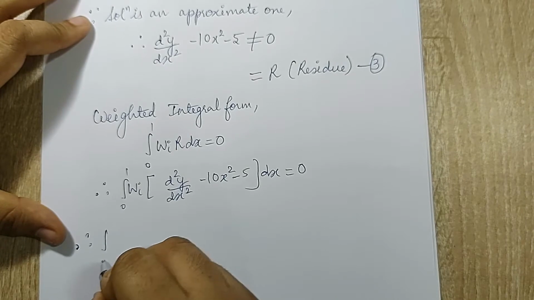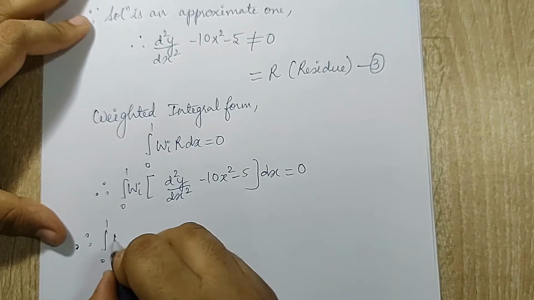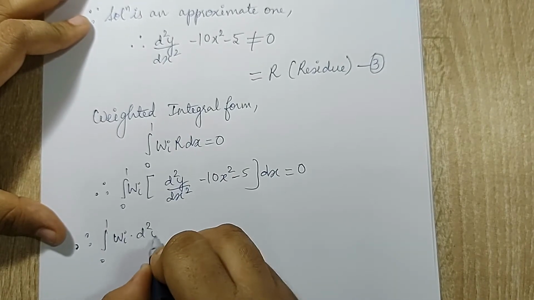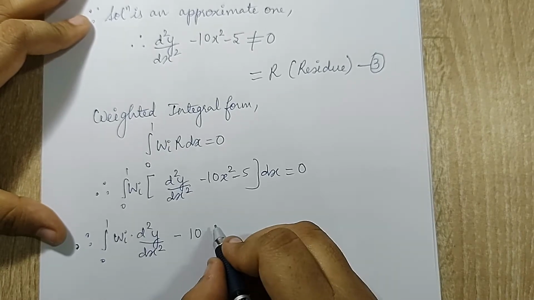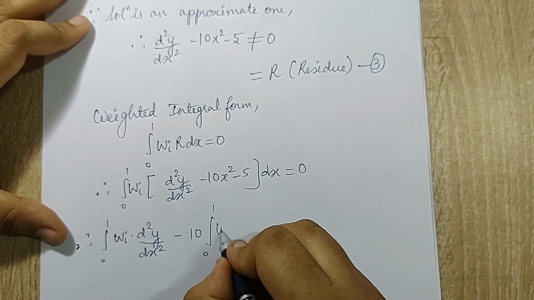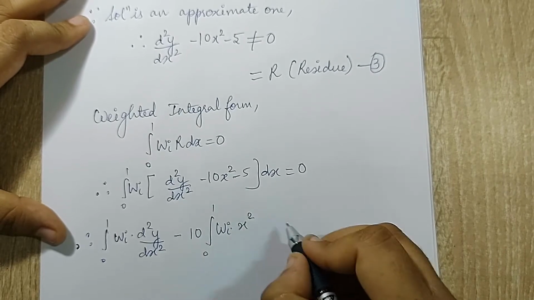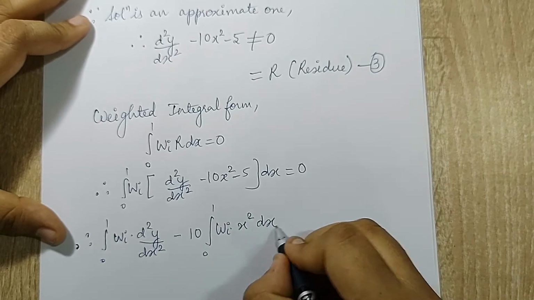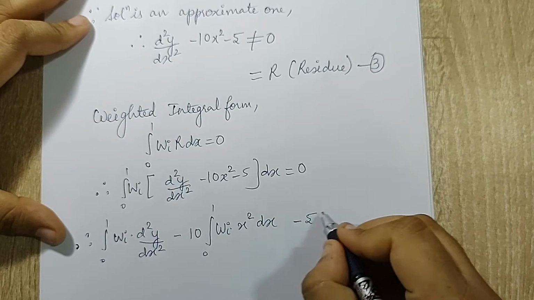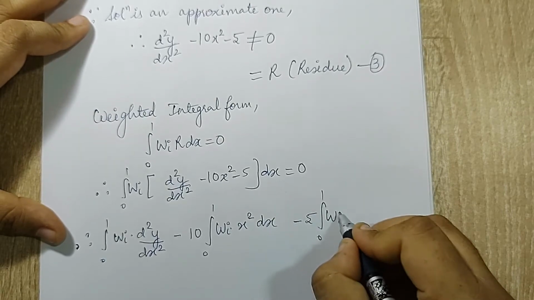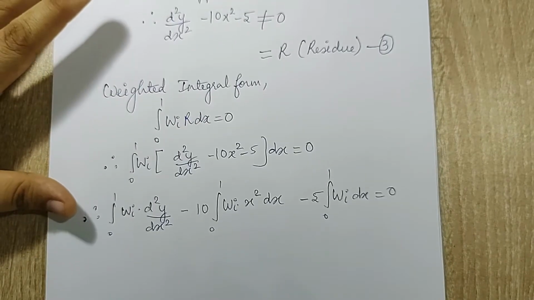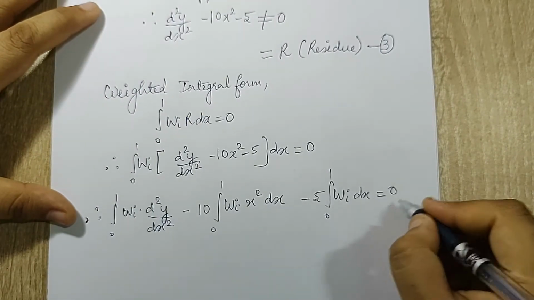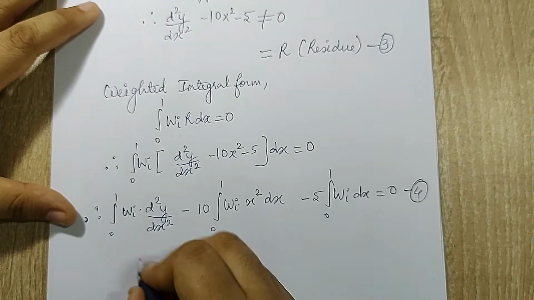Therefore, multiplying wi with each term, I get integration 0 to 1 wi d square y by dx square dx, minus 10 integration 0 to 1 wi x square dx, and lastly minus 5 integration 0 to 1 wi dx is equal to 0.